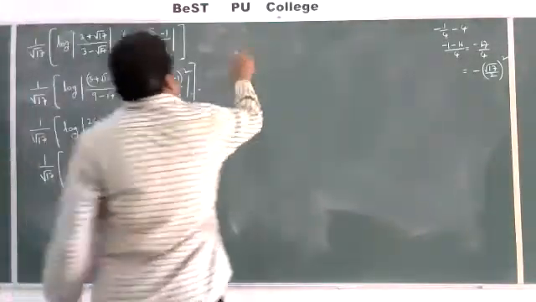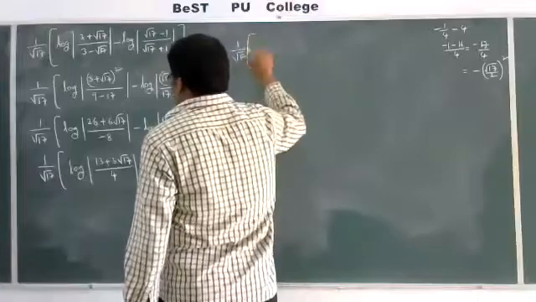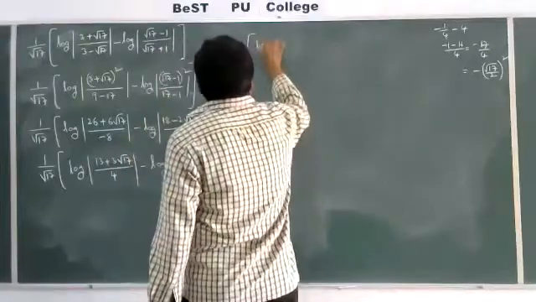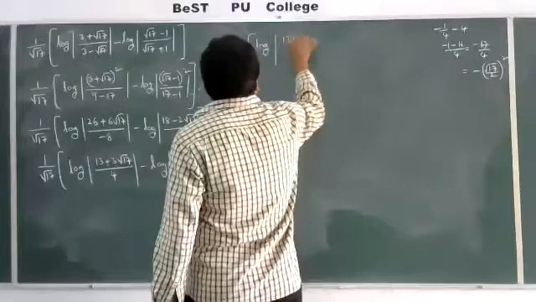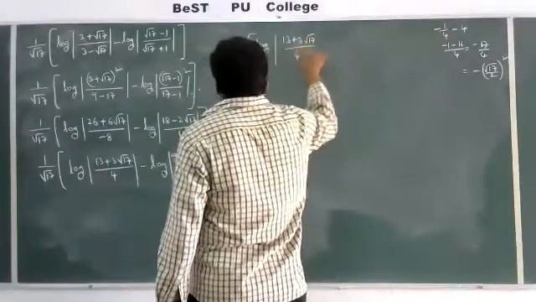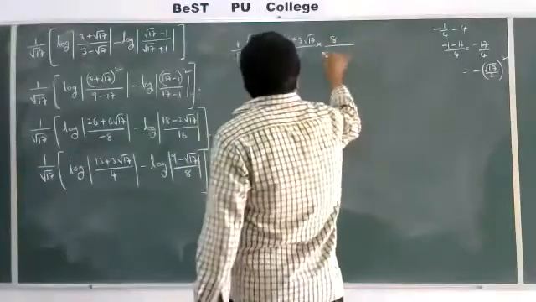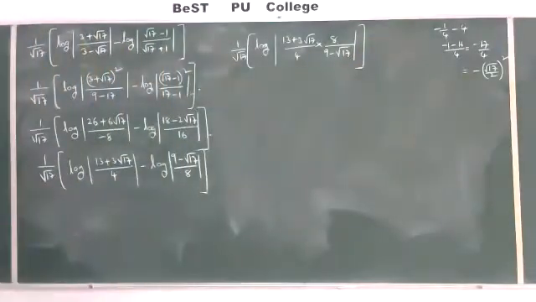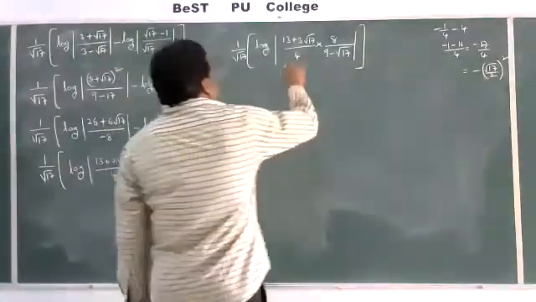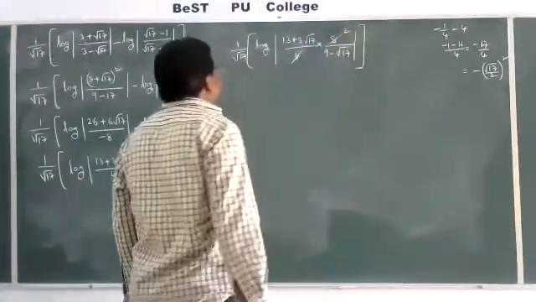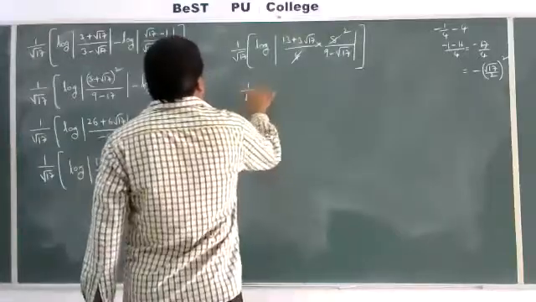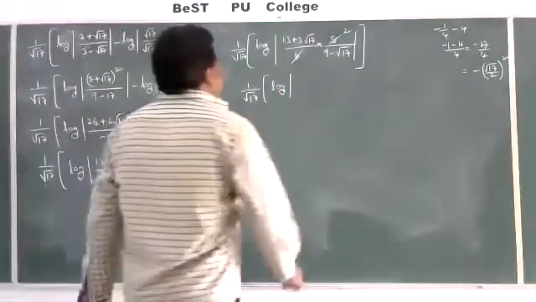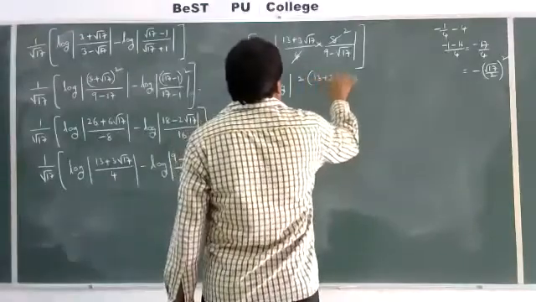So that is 1 by root 17 into log A minus log B, log A by B, logarithm of 13 plus 3 root 17 by 4 into 8 by 9 minus root 17. 2 fours are 8. 1 by root 17 into log mod 2 into 13 plus 3 root 17.